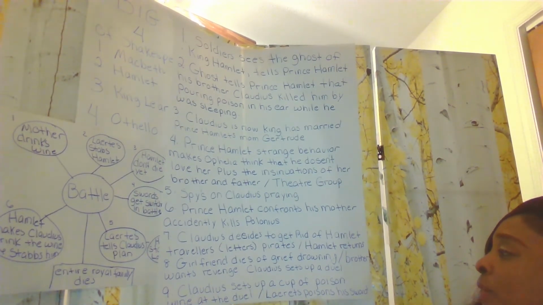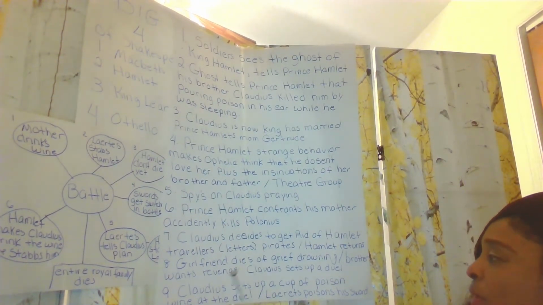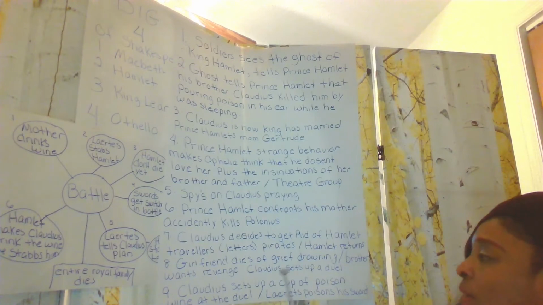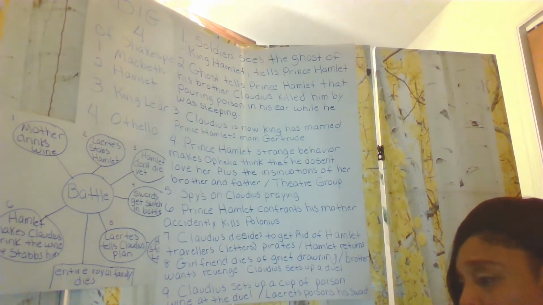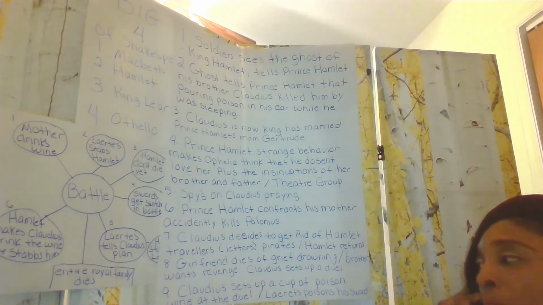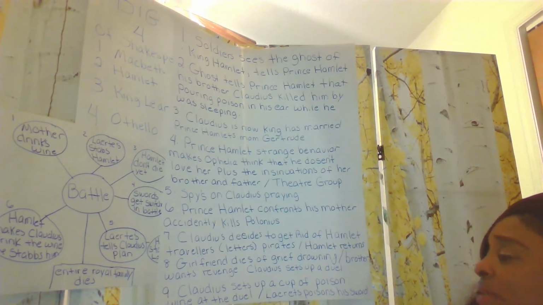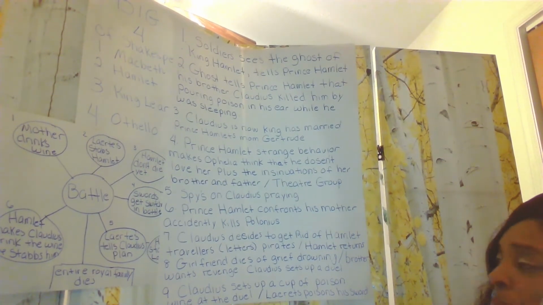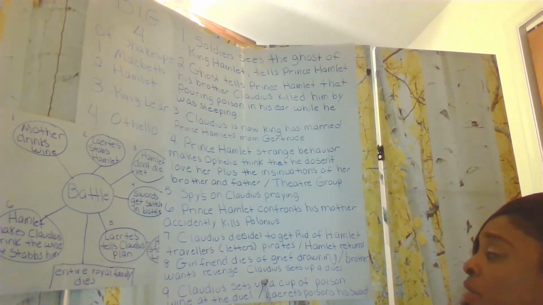This, of course, infuriates Laertes, her brother, who feels: you have accidentally killed my father, my sister has died of grief because of you, and so he wants revenge. Claudius uses this as an excuse to construct another plan, and that is to set up a duel between Laertes and Prince Hamlet.